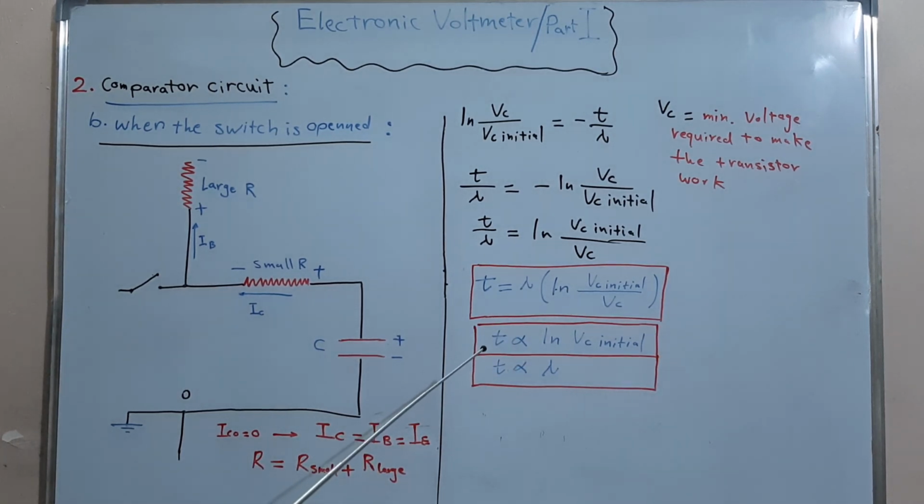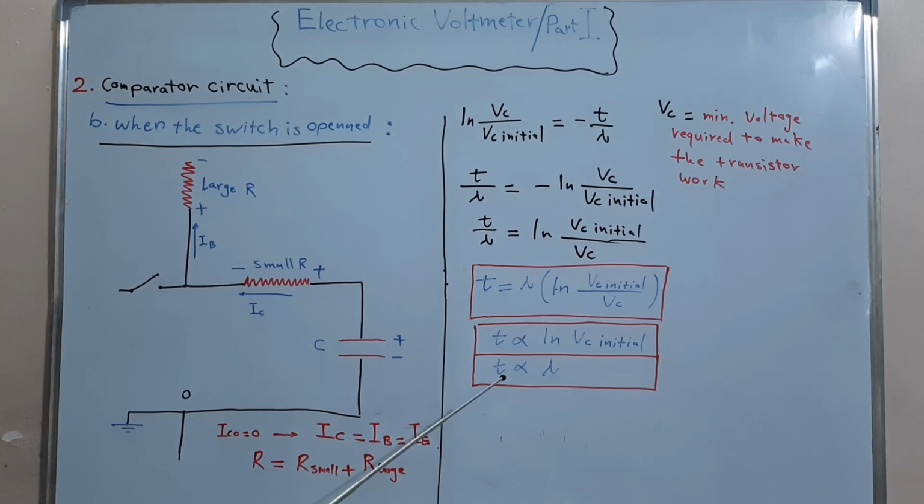The time of discharging is directly related to ln Vc initial, which is directly related to the voltage that we want to measure. And that's the basic principle of working of the voltmeter. The second thing is that the time of discharging is directly related to gamma, which is the time constant of discharging.